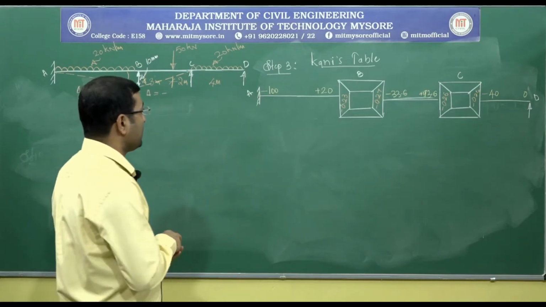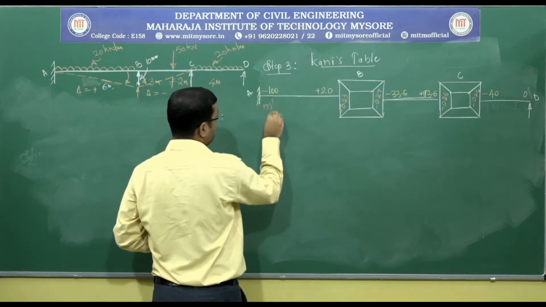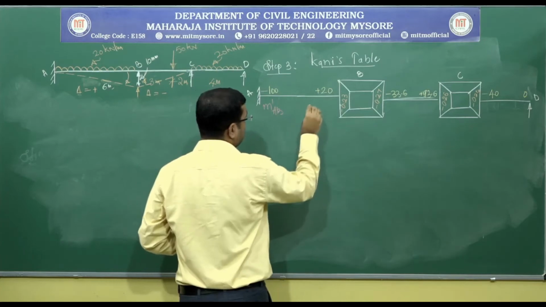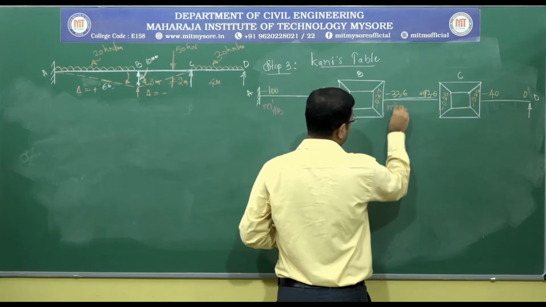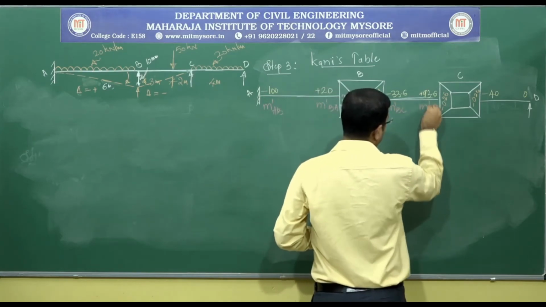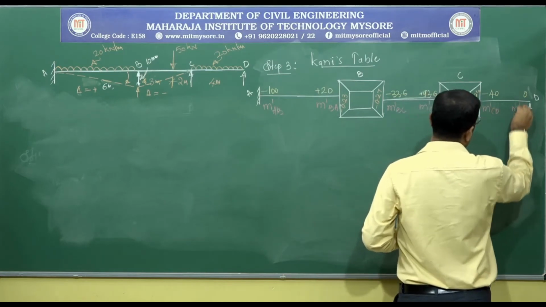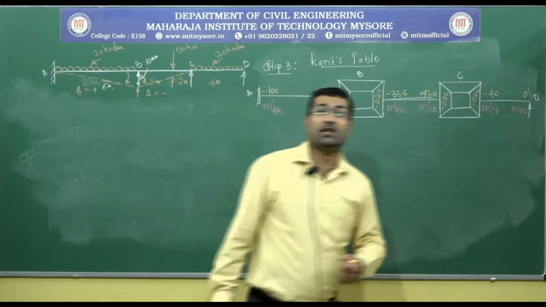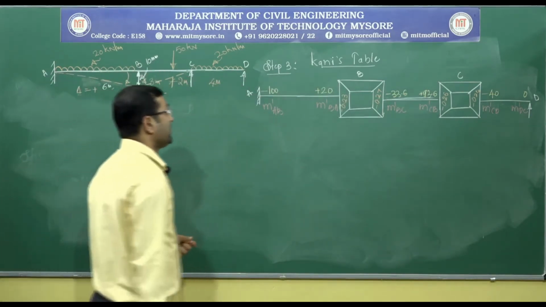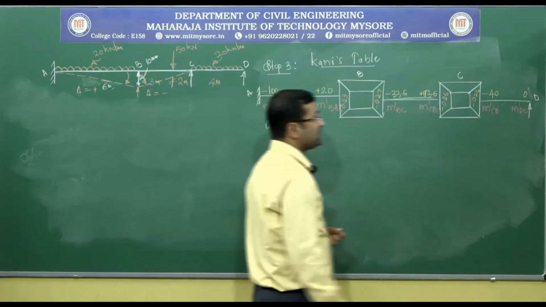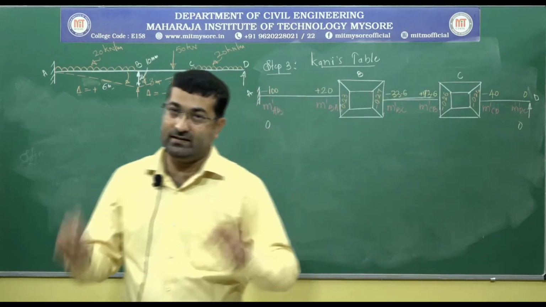Now, once we estimate the rotation factors, our next duty is to calculate the rotation contributions, that is M dash AB, M dash BA, M dash BC, M dash CB, M dash CD and M dash DC. Kani has clearly said that it is not necessary to calculate the rotation contributions at the ends.